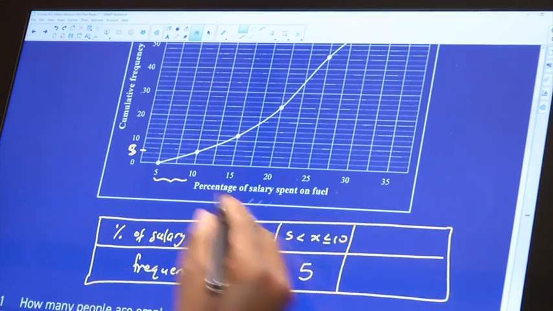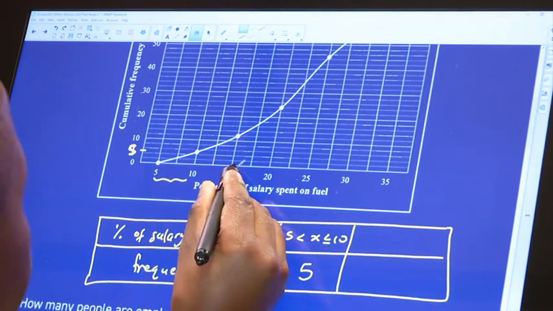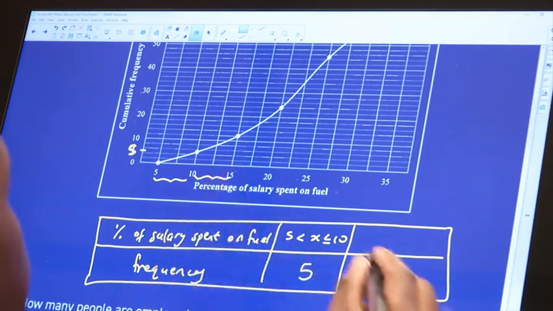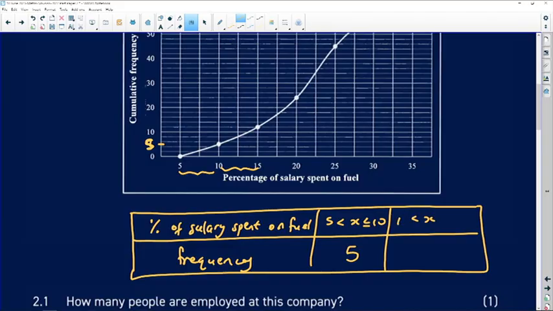Now for the next class, the class between 10 and 15. This is the second class. So you're looking at the dot from this dot here to that dot here. You're just counting what is the vertical move you're making going up. How many more people did I add to get the new cumulative frequency value?